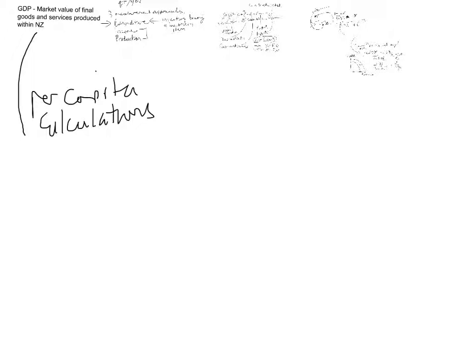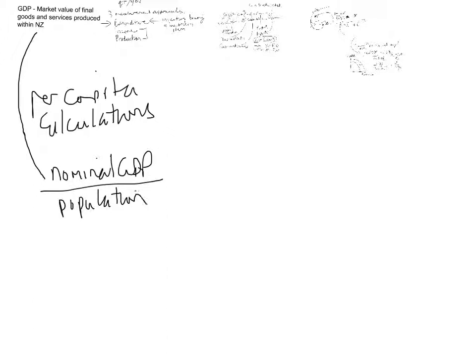Let's take the first one. If I've got a nominal GDP, and I divide it by the population, then I'm going to get nominal GDP per capita.